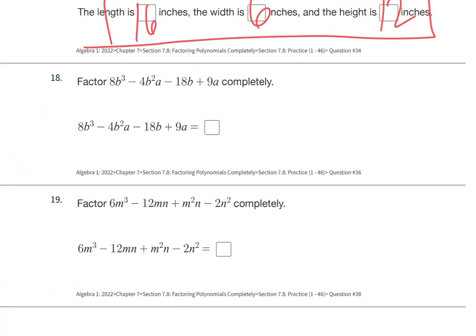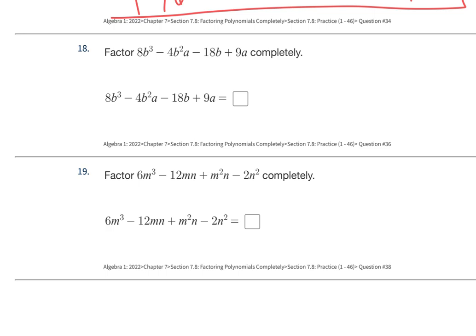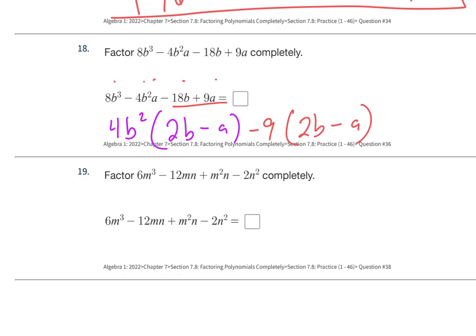to number 18. Factor it completely. I'm just going to assume they're being nice to us and they put things kind of in order. Let's factor out a 4b squared, and we get 2b minus a. In fact, I think they have put it in nice order for us, because look, b, ba, b, and a, and then, yeah. So this section right here, I'm going to take out a negative 9, and I get positive 2b minus a.